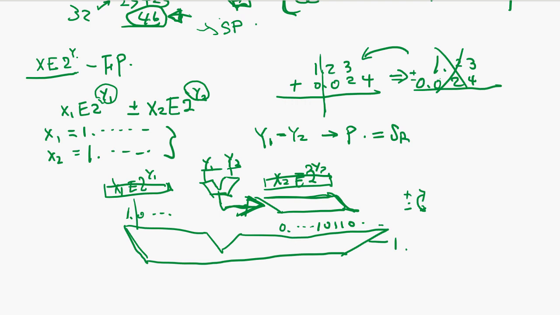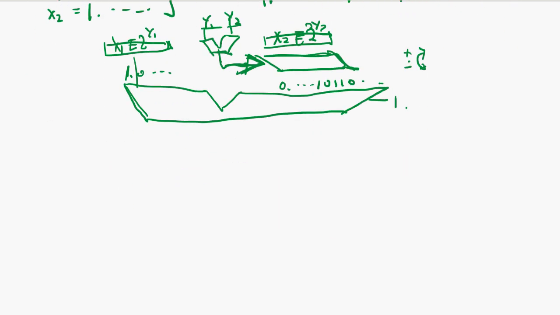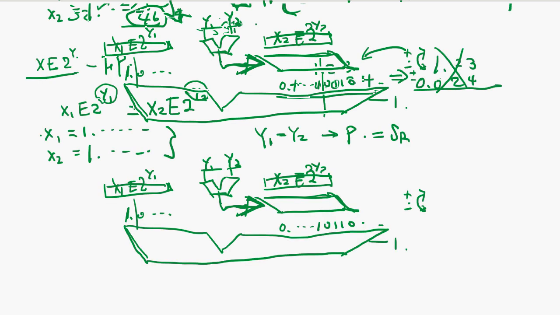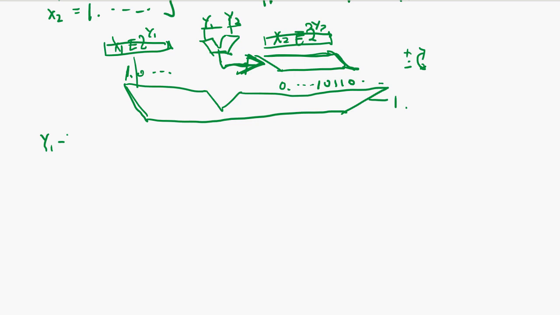Now you have to be careful about this. After you perform this, there are some complications. When y1 minus y2 is less than 2, that means 1.0 something and 0.1 something, right? Wait a minute, let's see.